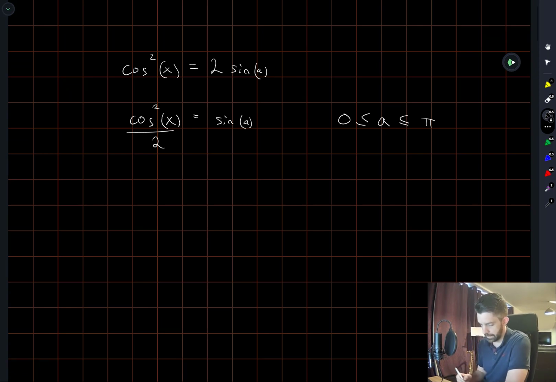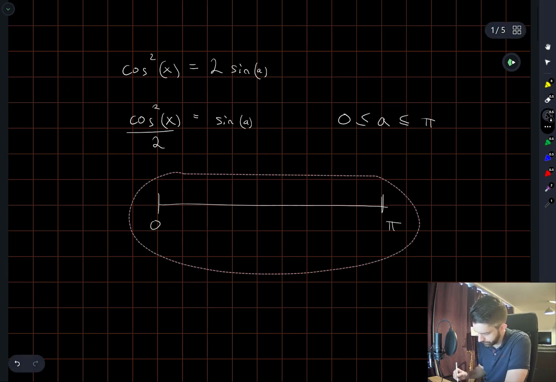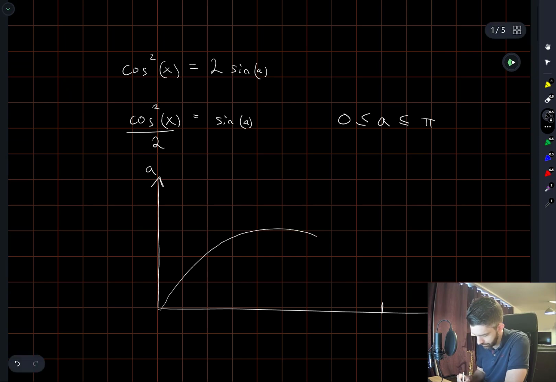If I draw a number line here from 0 to pi, in fact, instead of a number line, why don't I just plot the function sine of a as a function of a. We know that from 0 to pi, we get a standard sinusoid, something like that, where this is 1.